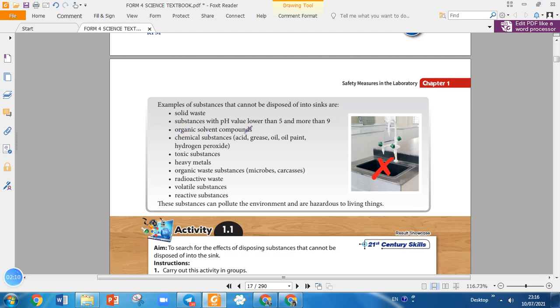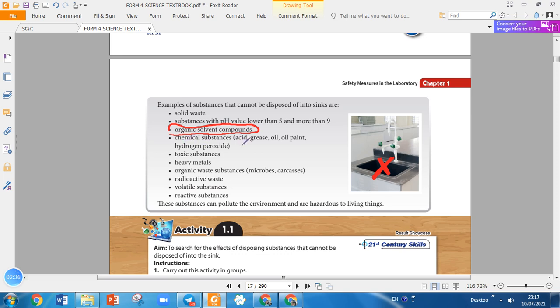Organic solvent compounds such as alcohol, or fractions from petroleum like kerosene. There are different types of organic substances, so you will have to follow the teacher's instruction on how to dispose of the waste.